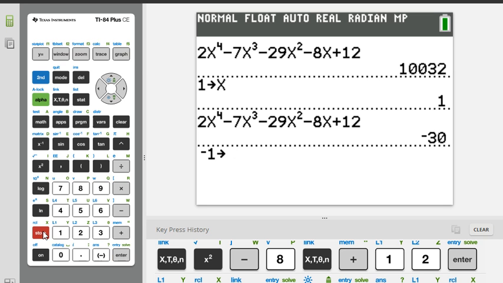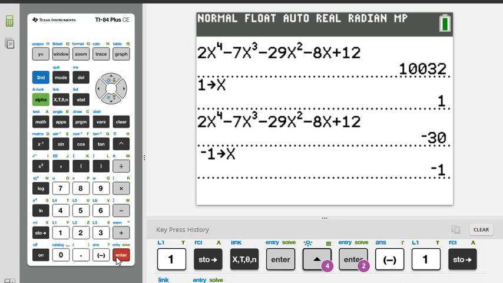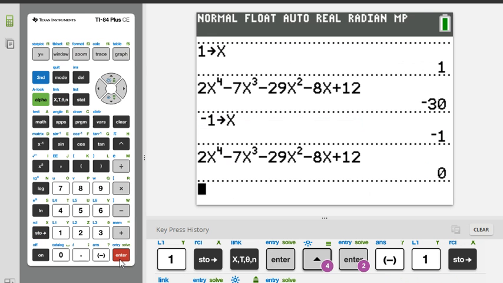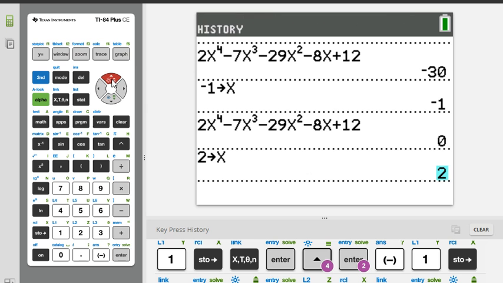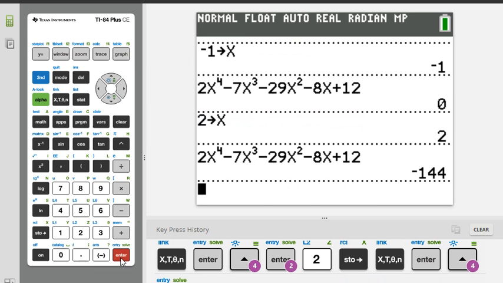Store minus 1 into x. Okay, minus 1 is a zero. I said find 2. Notice I start with small numbers. Try 2 into x. 2 doesn't work.